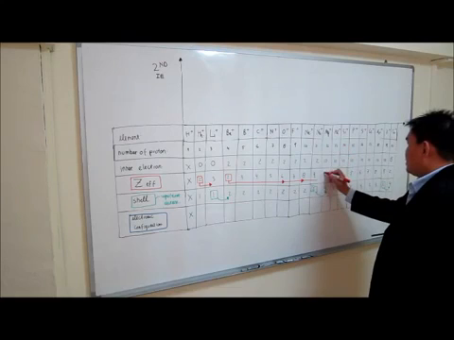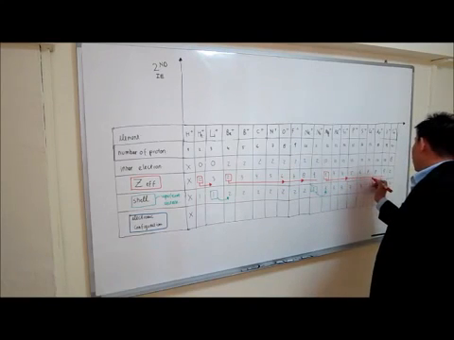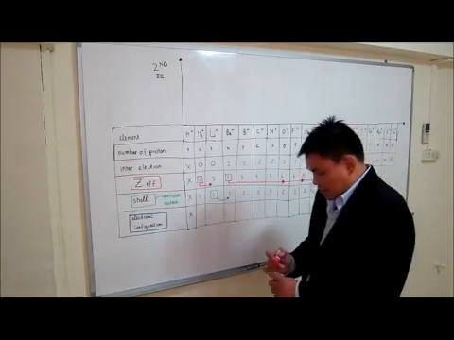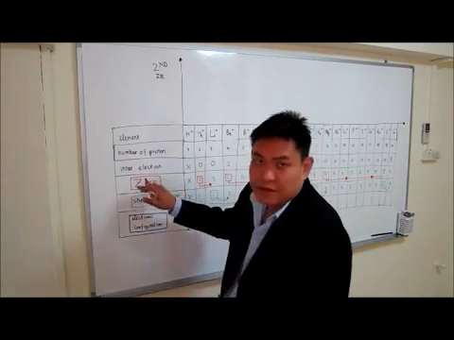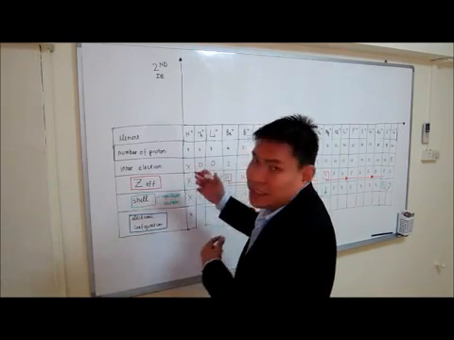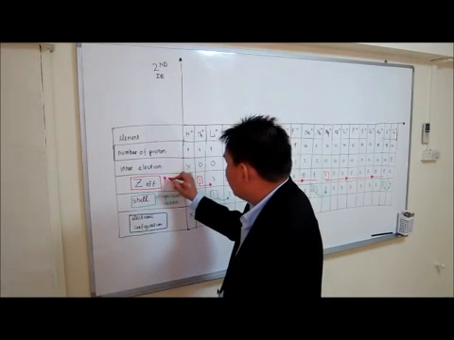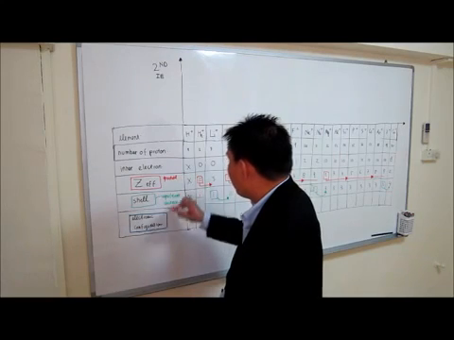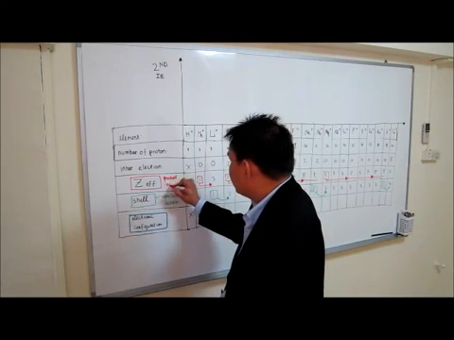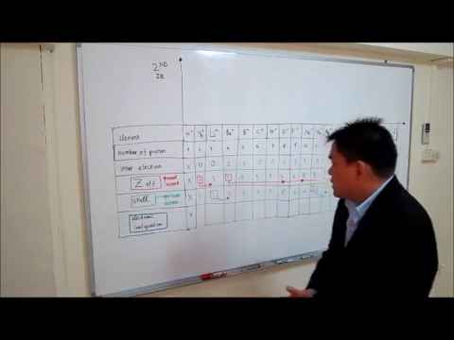The same thing happens also from magnesium plus to K plus. So effective nuclear charge here will have the effect of gradually increasing the second ionization energy. So I mark here a gradual increase in second ionization energy.